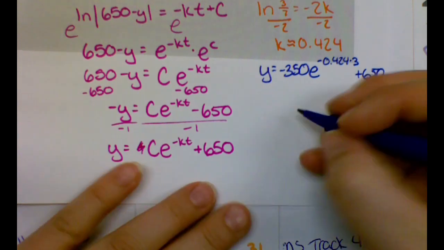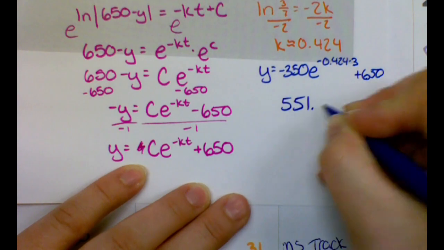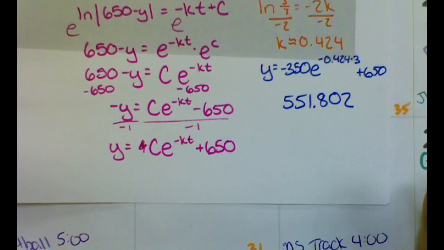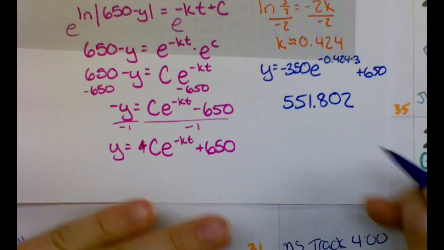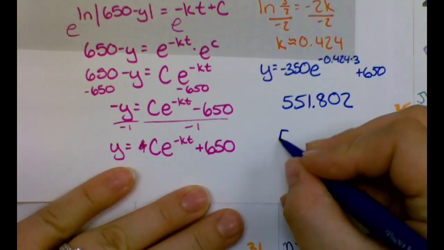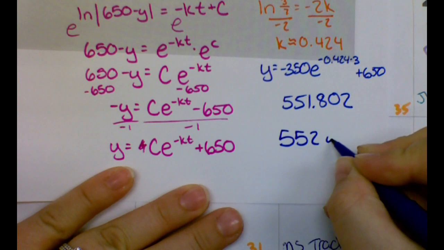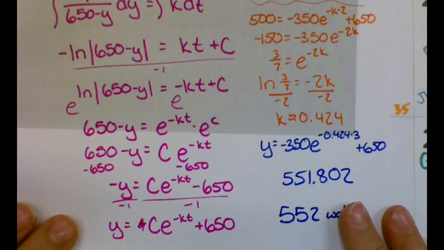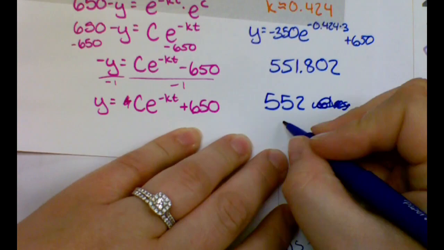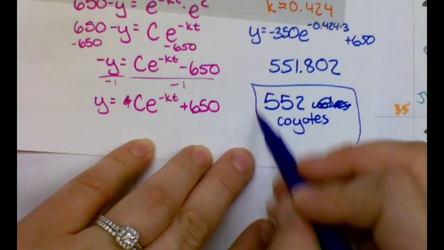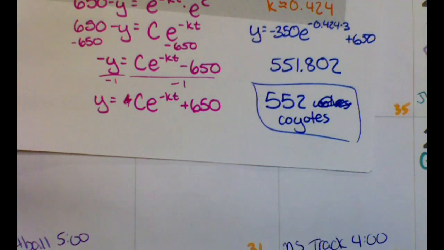I got 551.802. Now, depending on which way you're going with this, we can't have 0.8 of a wolf. So I would probably round it to 552 wolves. Or coyotes, my goodness. Apparently I'm upgrading them. Some people might just drop that 0.8 and call it 551 coyotes.